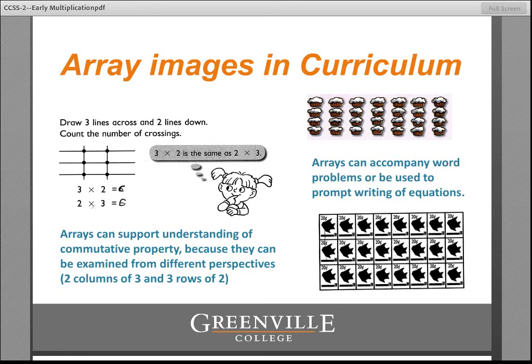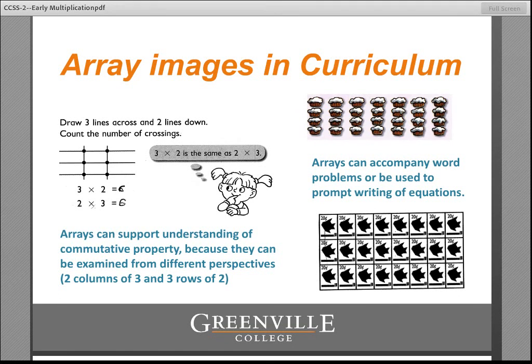Here in this slide, you actually see several images from curriculum that build on an array idea. The stamps on the bottom are things that tend to come in arrays. We might not think about it. The cupcakes were more putting them in rows than for groups. Both of those came with word problems associated that I don't have here. And then the image off to the left is a kind of an unusual one.